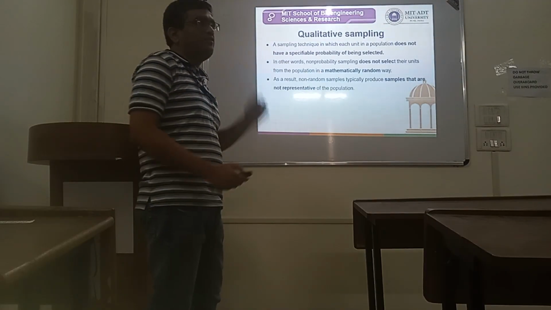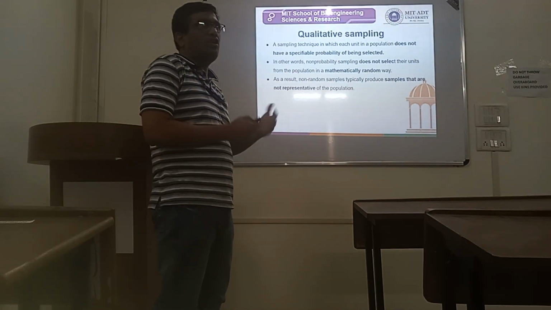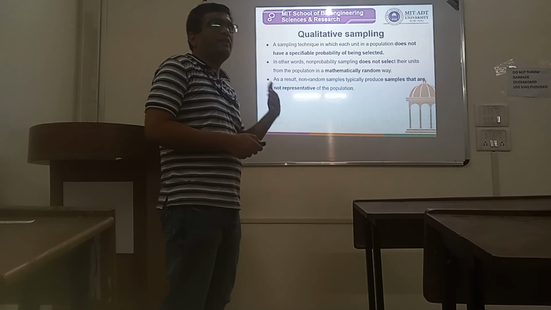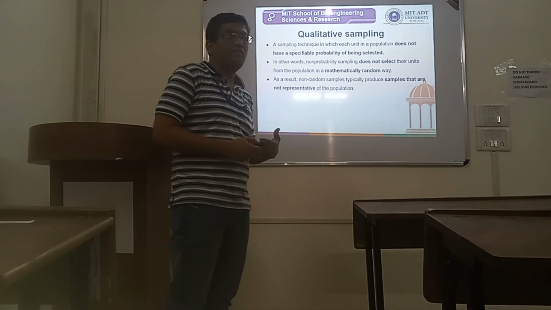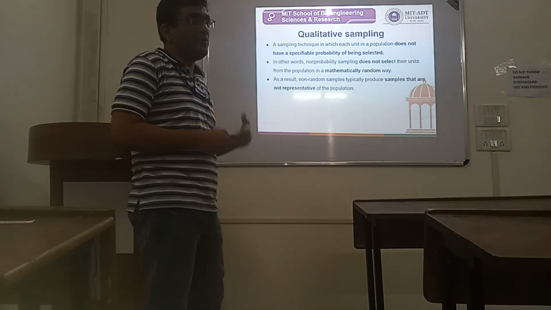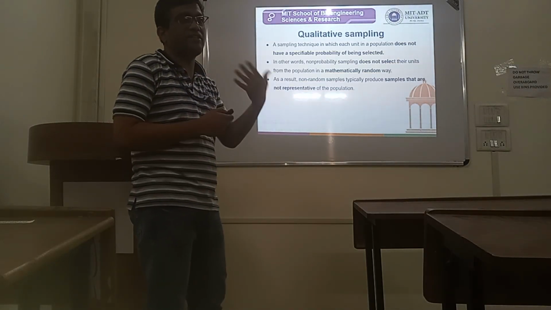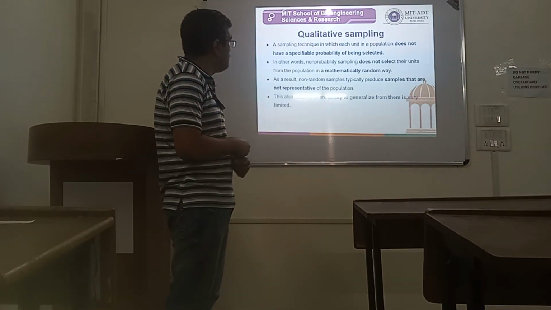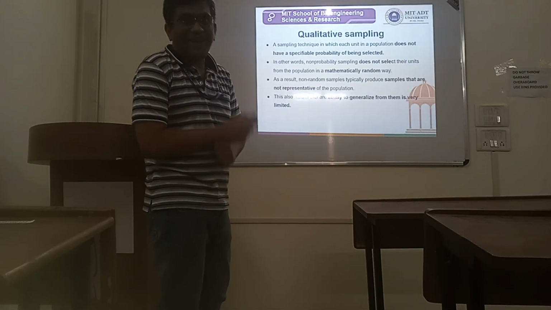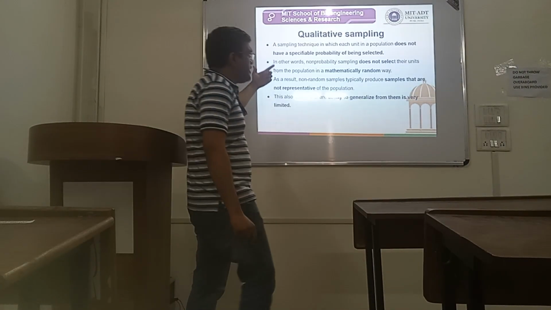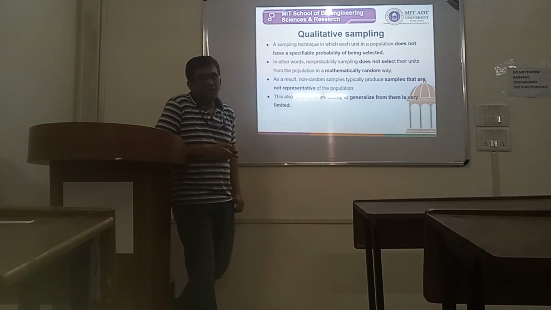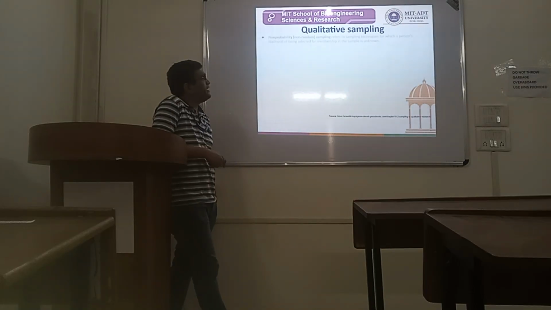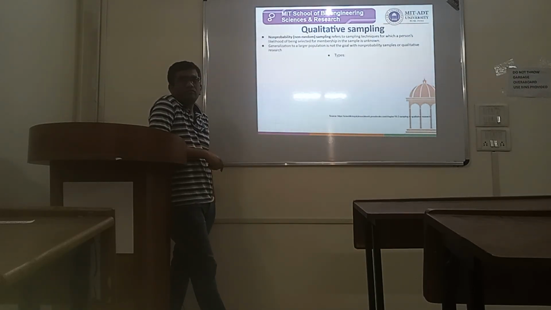So you may have the correct sample based on the qualities you demand, but in that process of sampling, you may erroneously choose a sample which is not representative of your population, and hence from qualitative samples you can't generalize about the population, as the samples are based on your choice.